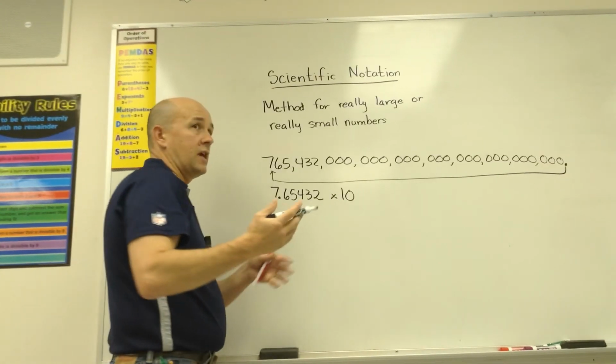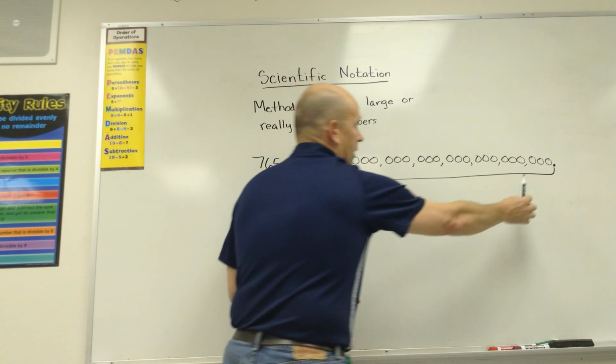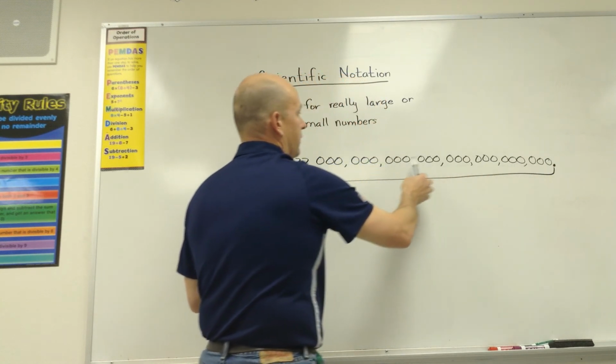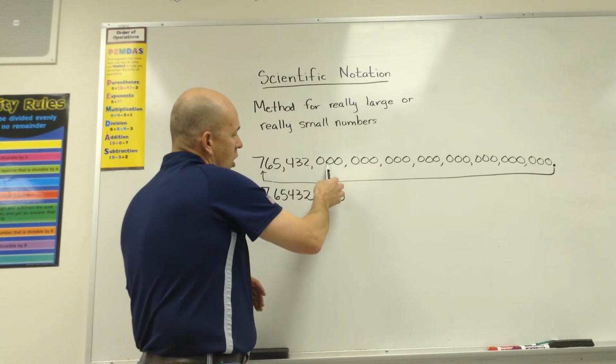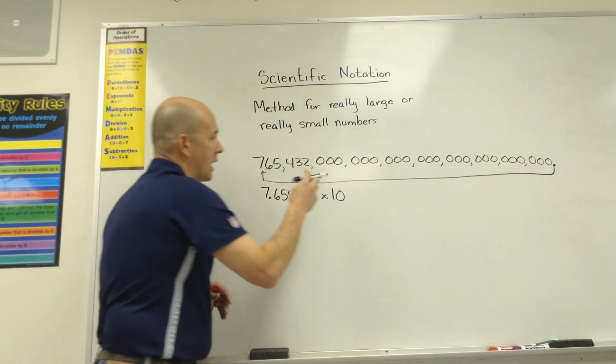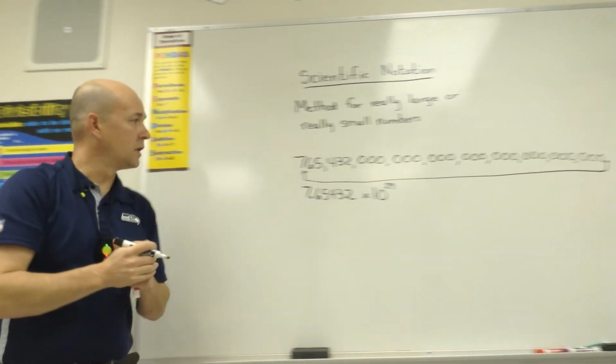And again, the power of 10 is how many places I moved the decimal point. I grouped them intentionally: 3, 6, 9, 12, 15, 18, 21, 24, 27, 28, 29. So this would be 10 to the 29th power.